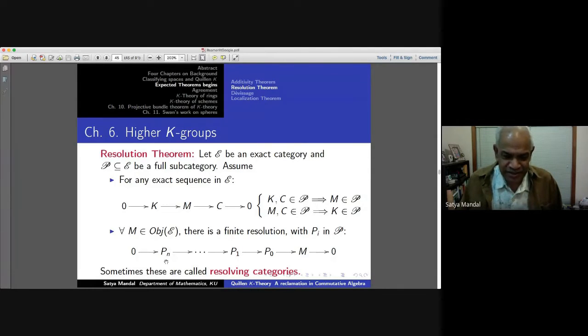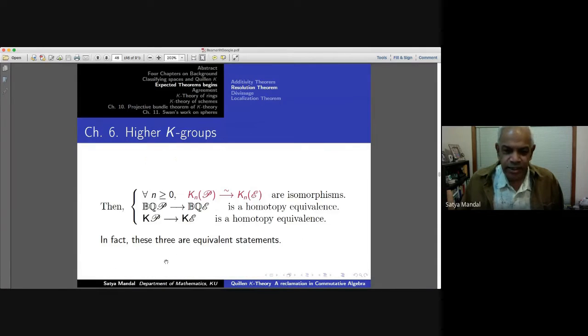I have never seen anybody using this in K-theory, but some commutative algebraists use this thing. They call it a resolving category. So anyway, if you have that, then the Kn's will agree.